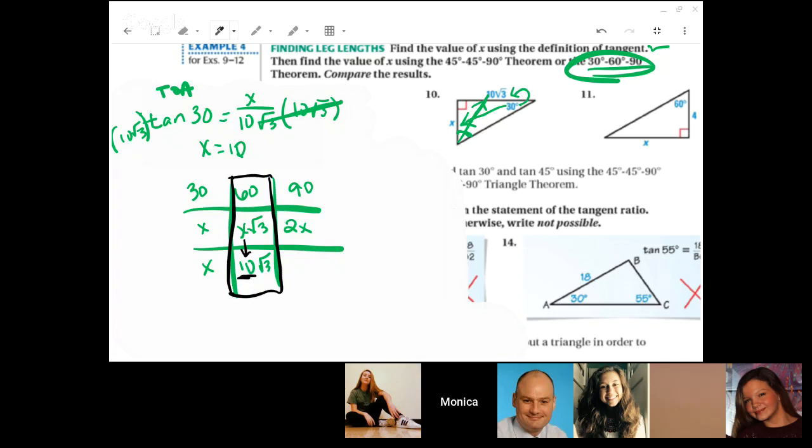You see it? Okay. So now to compare the results, you get 10 both ways. Okay, they're both equal to each other. Does that make sense now?